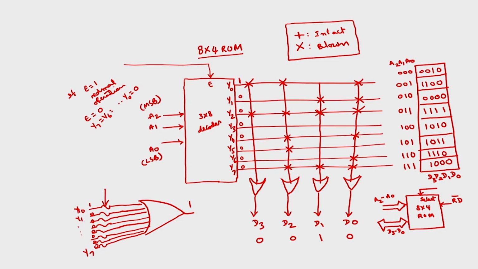There is no memory storage element. So, that is why read only memory is a combinational circuit. ROM is a combinational circuit, and there is no feedback also. Whereas random access memory can be built by using flip flops. So, this is a sequential circuit.